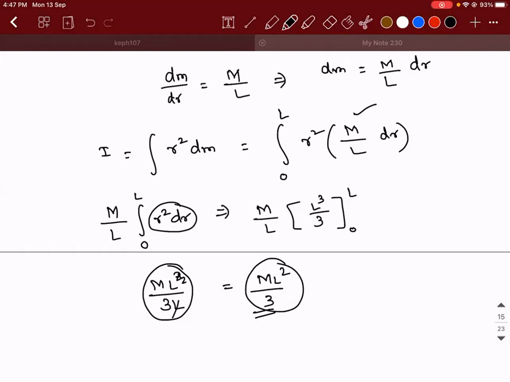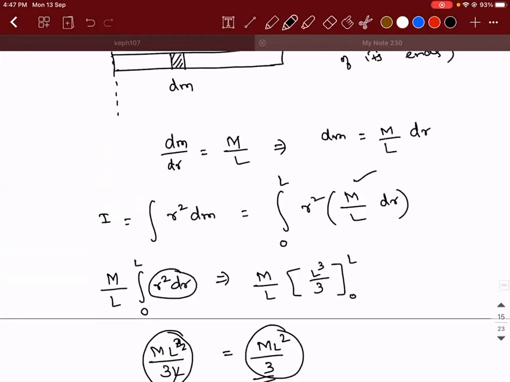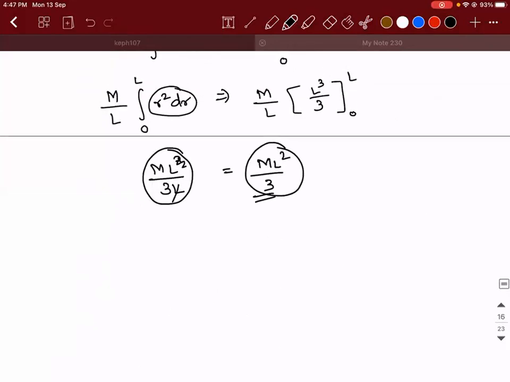Means the same rod, depending on where you choose the axis of rotation, the moment of inertia value is changing. Now tell me, out of the two values ML square by 12 and ML square by 3, which one is more? Guys, I asked a simple mathematical question.